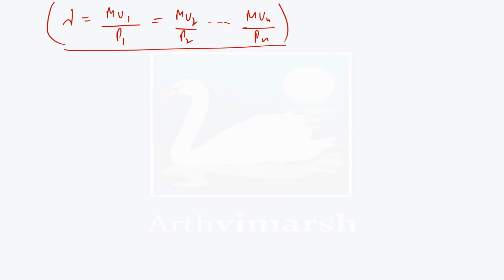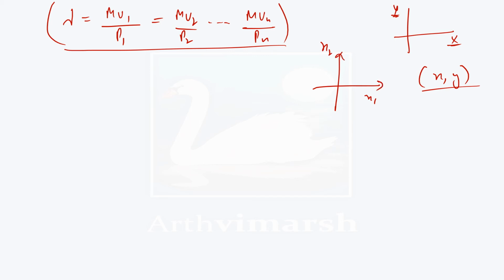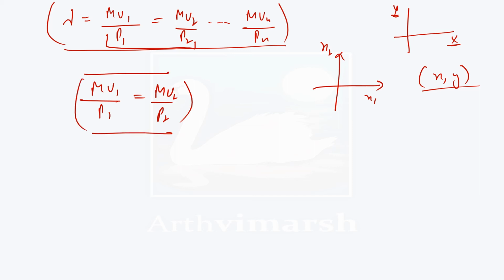In an xy plane, say this is commodity x and this is commodity y, in the two commodity case, how can we write this expression? In our discussion so far, we have always been considering the case of two commodities x1 and x2, to simplify our understanding and interpretations in a 2D plane. So for two commodities, you can write mu1 upon p1 equal to mu2 upon p2. This will be your equation.